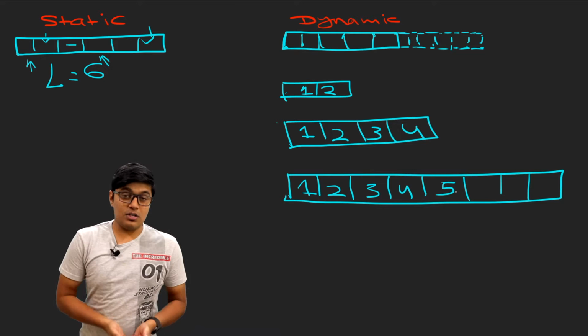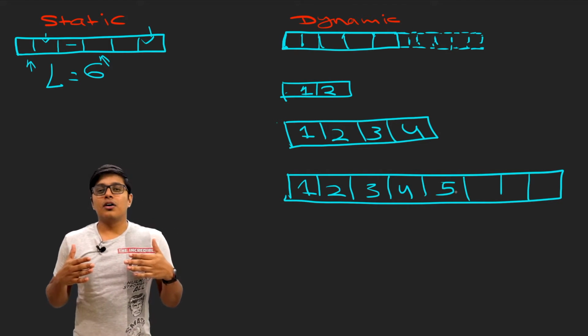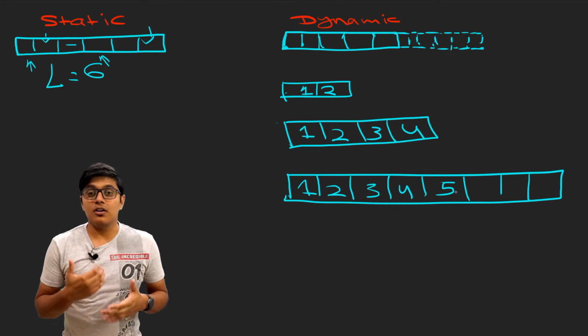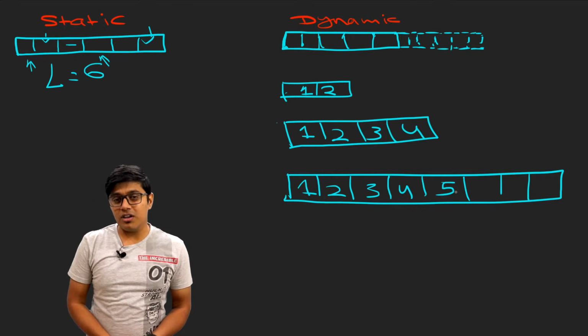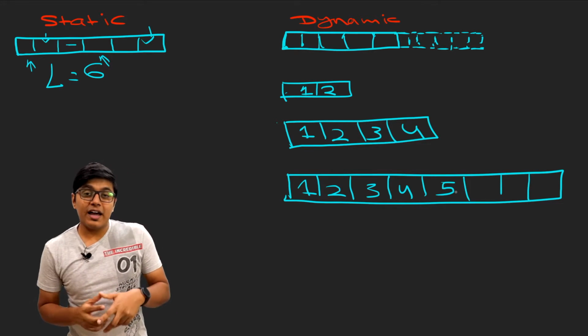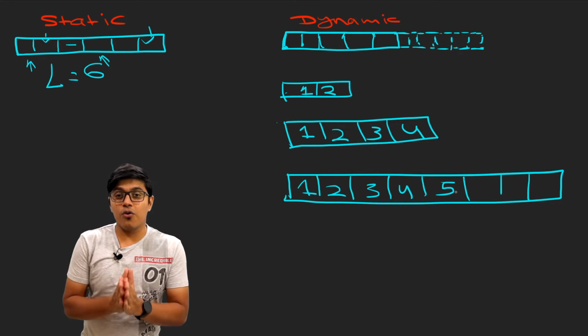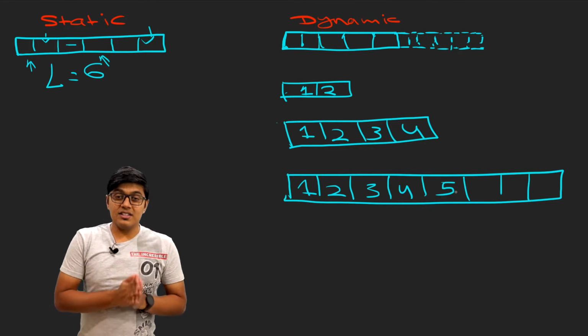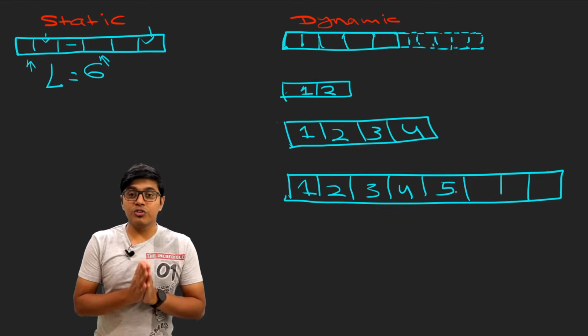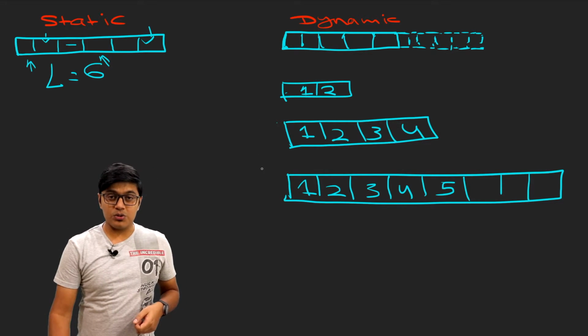At that time this will be handy. By default JavaScript or TypeScript uses a dynamic array, so we don't need to think much about the length of the array. But as I told you, suppose you have 4 million records and you are inserting them into a dynamic array. Then think about how many times this operation is going to happen.